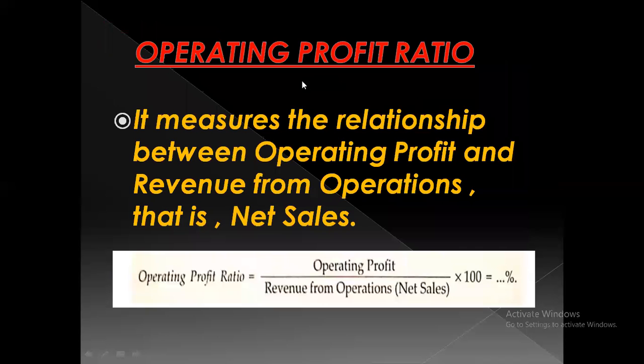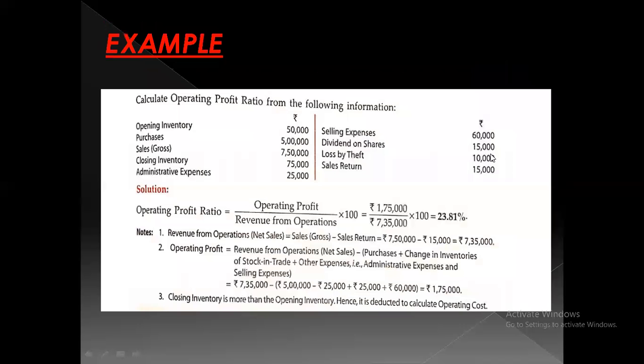Now next is operating profit ratio. It measures the relationship between the operating profit and the revenue from operation. So the formula will be operating profit ratio is operating profit divided by revenue from operation into 100. It is also calculated in percentage.